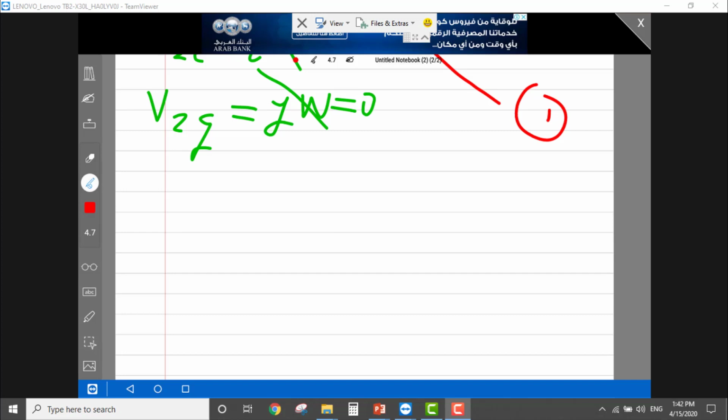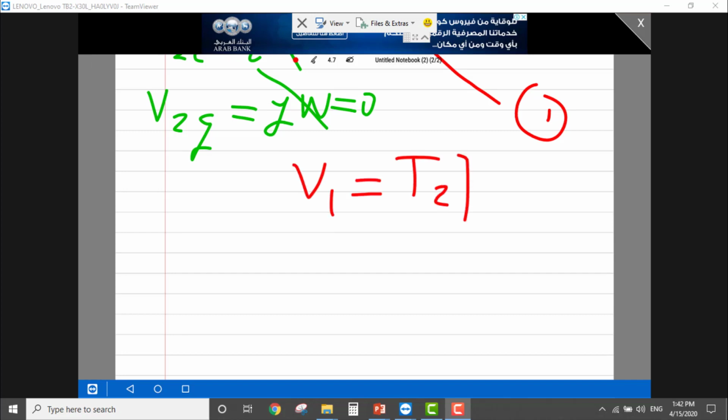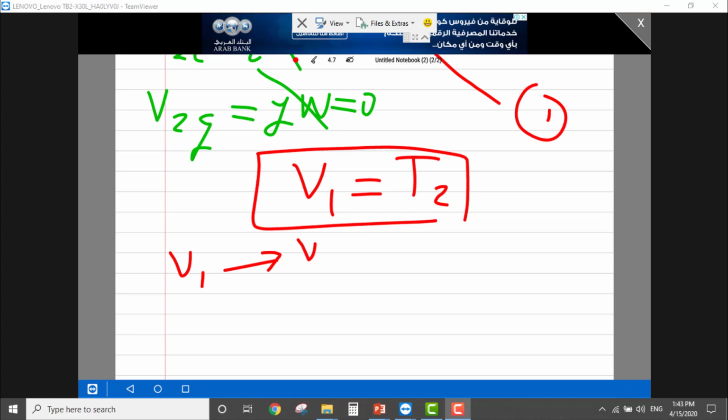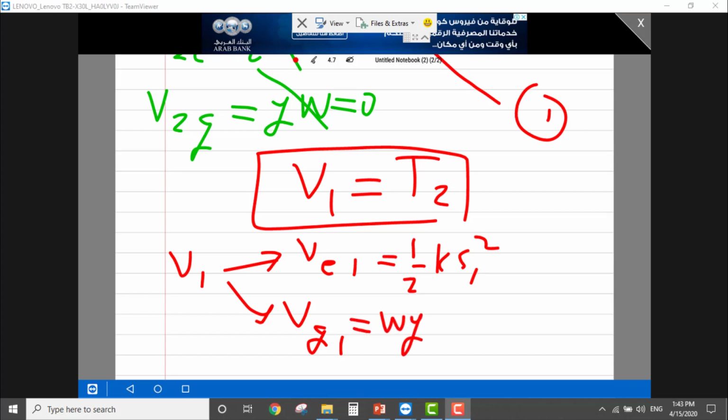So we end up with V1, which is due to elastic 1 and due to Vg1. V elastic 1 is half K S1 squared, and Vg1 is due to y multiplied by W.